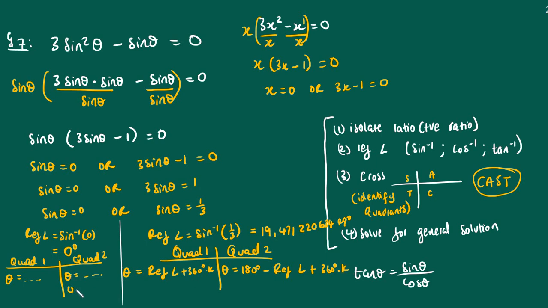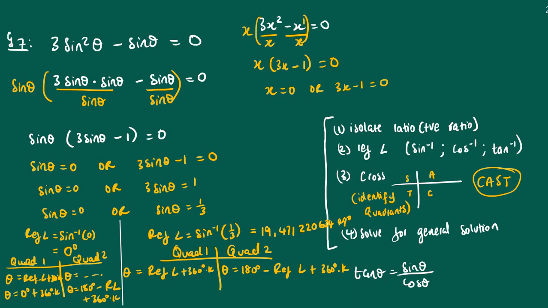Similar thing this side, it's going to be 180 minus the reference angle plus 360 degrees times k. You put the 0 there, the reference angle is 0, so it's going to be 180 minus 0 degrees. This side is just going to be the reference angle plus 360 degrees times k. So it means it's going to be 0 degrees plus 360 degrees times k. You put it like that. Okay, then you'll be okay.